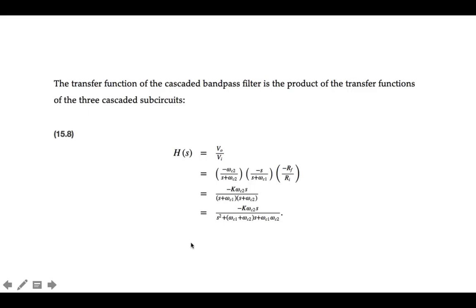And then in the denominator, we basically have the product of the pole at the lower frequency cutoff and the pole at the upper frequency cutoff. So when we simplify that, we end up with something that is a constant times S over this quadratic. Now, this is going to be quite different from the transfer function that we got for the RLC bandpass filter.